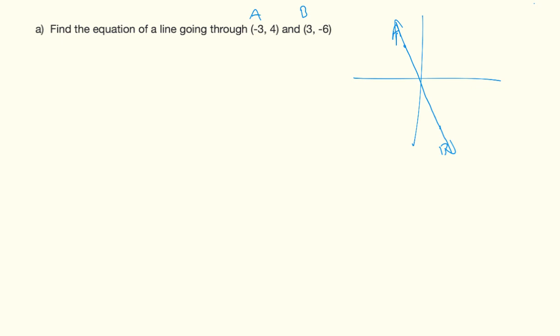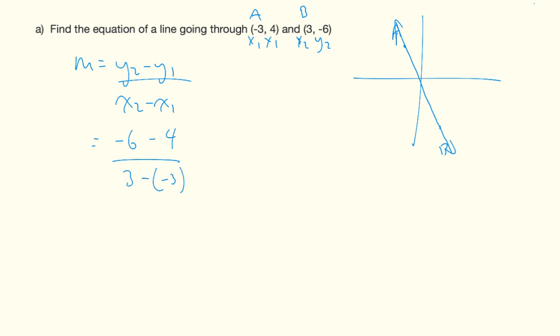As we said, we need slope first. m equals y2 minus y1 over x2 minus x1. And of course, those numbers just come from my points: x1, y1, x2, y2. And so subbing in those points, negative 6 minus 4 over 3 minus negative 3.